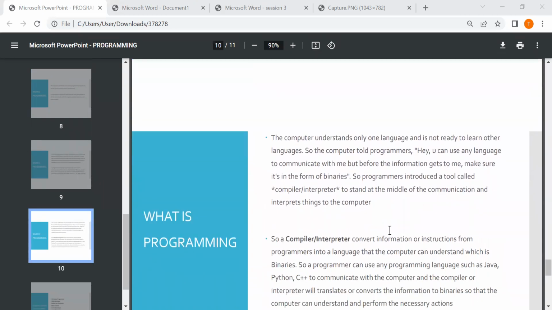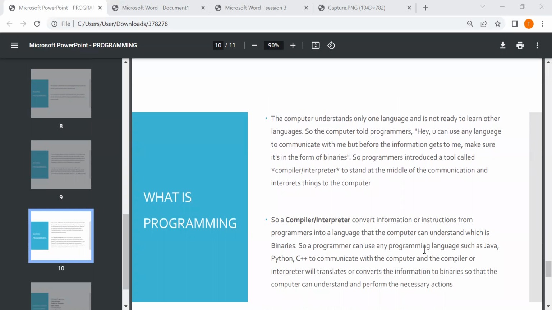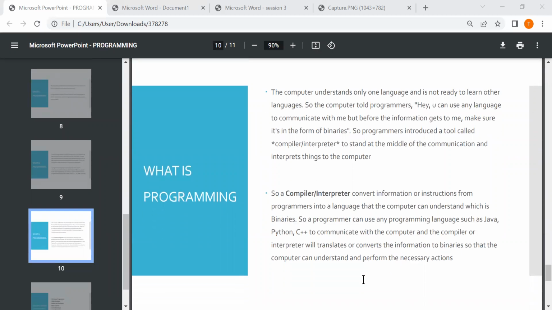So a compiler or interpreter converts instructions from programmers into a language that the computer can understand, which is binaries. So a programmer can use any programming language such as Java, Python, C++ to communicate with the computer, and the compiler or interpreter will convert the information to binaries so that the computer can understand and perform the necessary actions.